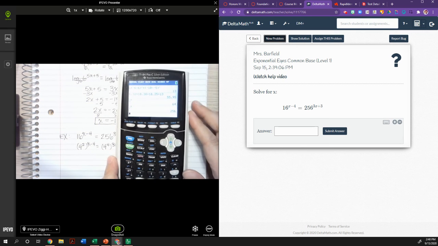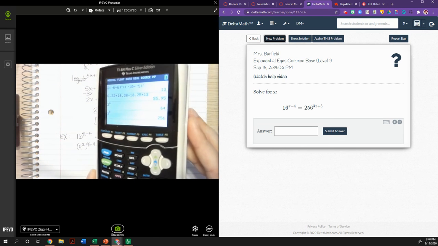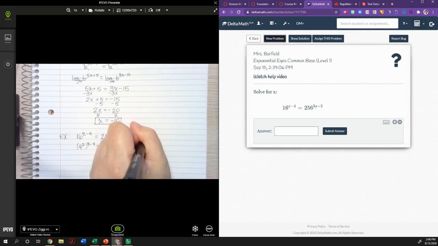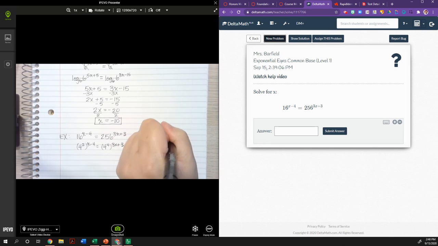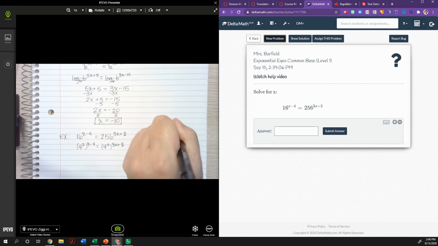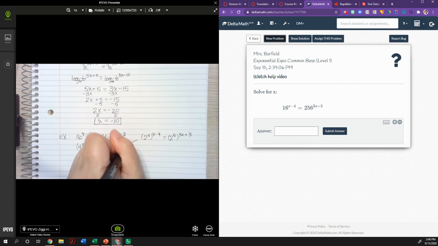I could have written it using 2. So I could have said 2 to the 4th to the x minus 4, 2 to the 8th to the 3x plus 3. Those two are equal.